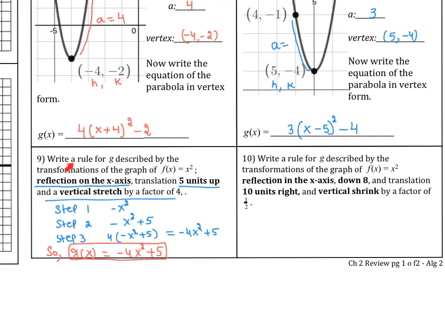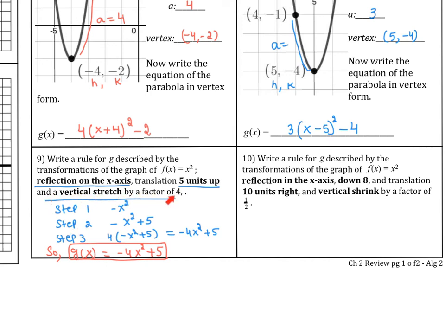Number 9. Write a rule for g described by the transformation of the graph f(x) equals x squared. The reflection on the x-axis means that you're going to add the negative in the front. That's step number 1. 5 units up means you're going to add 5. That's step number 2.